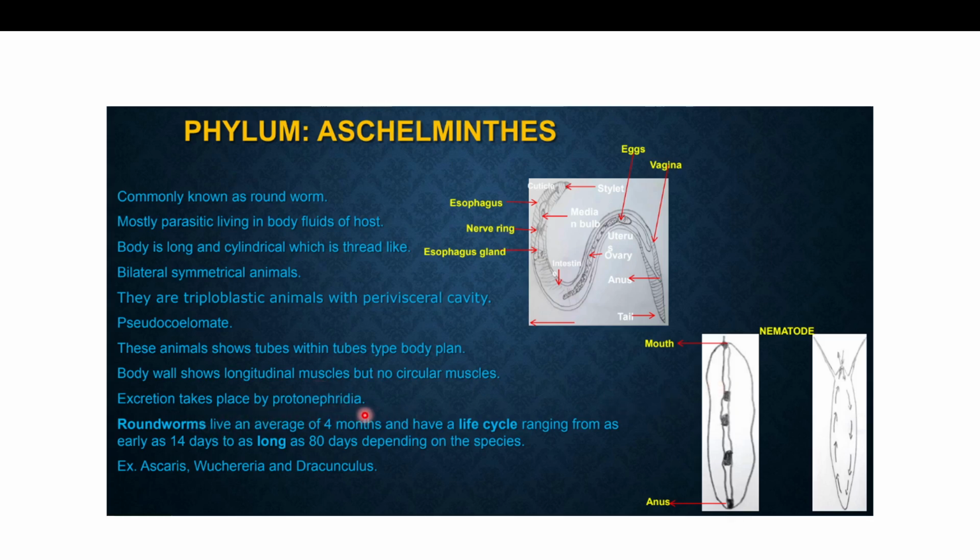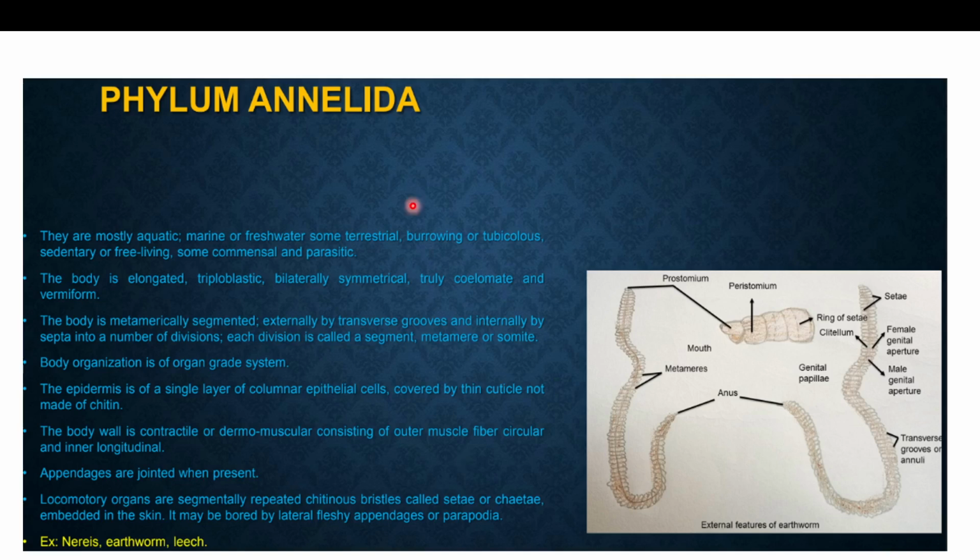Excretion takes place by protonephridia, and they have a lifespan ranging from as early as 14 days to as long as 80 days depending on the type of roundworm we are talking about. Then we have annelids, which are mostly aquatic, marine or freshwater.